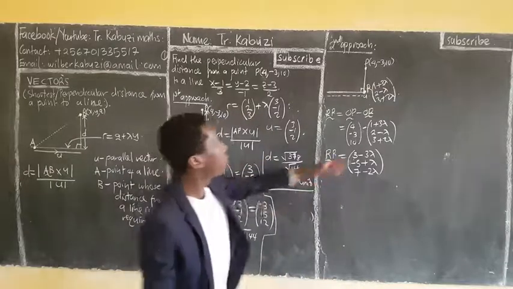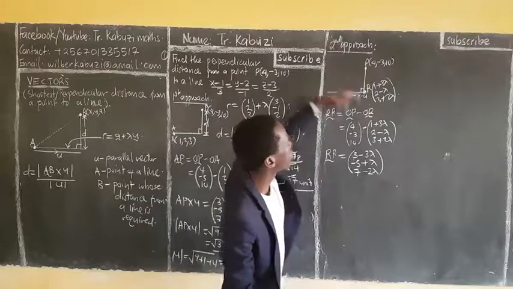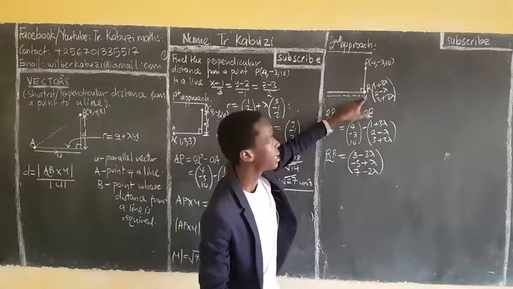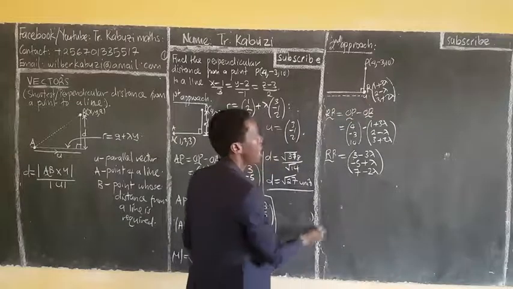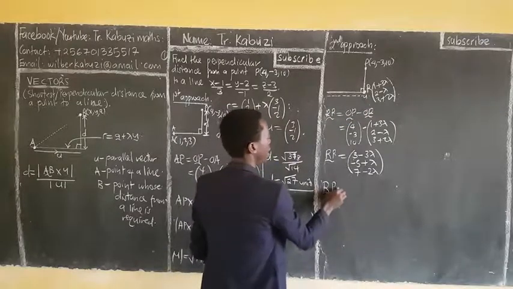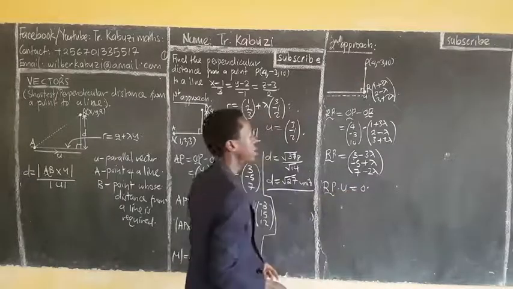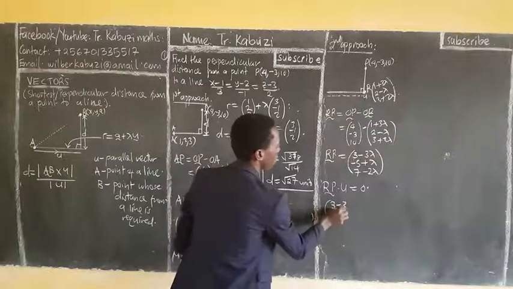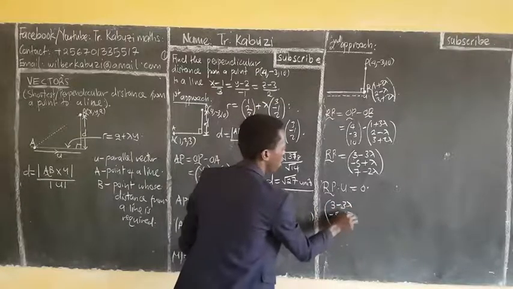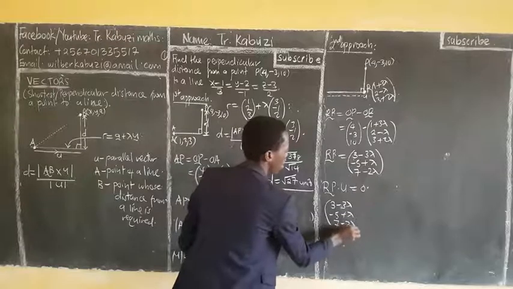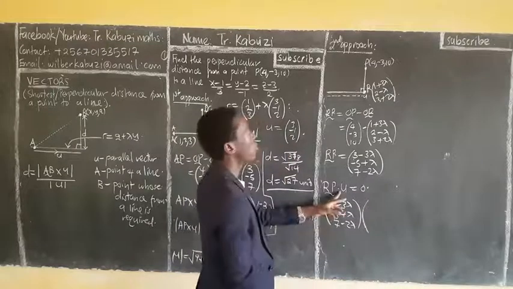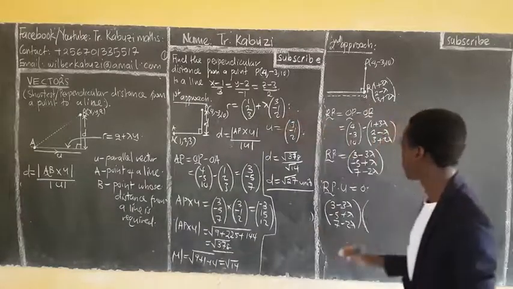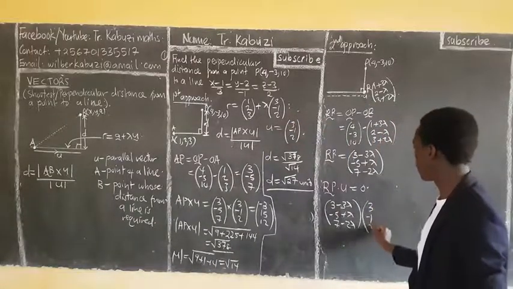But when I look at RP, this RP is perpendicular to U, meaning that if they are perpendicular, their dot product is 0. So now my RP dot U, I have to get 0. Now I get my RP, then I dot it with U. My U is the parallel, which was 3, negative 1, 2.